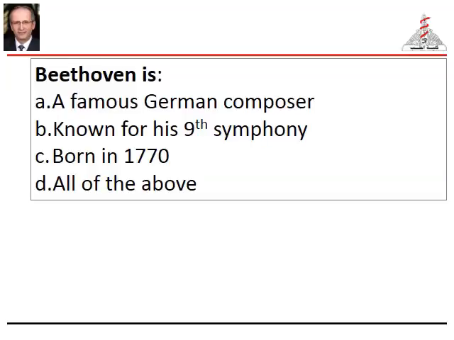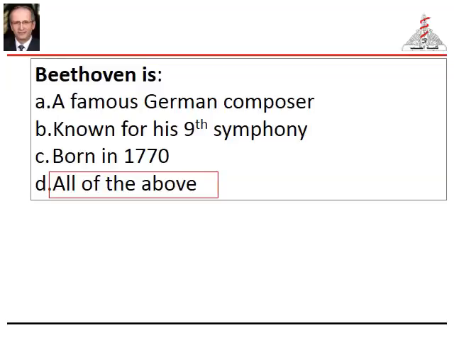Question number 4. Beethoven is a famous German composer known for his Ninth Symphony, born in 1770, or all of the above? Correct. It's all of the above.